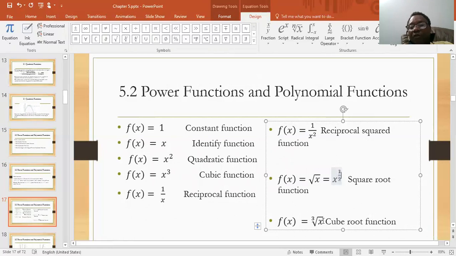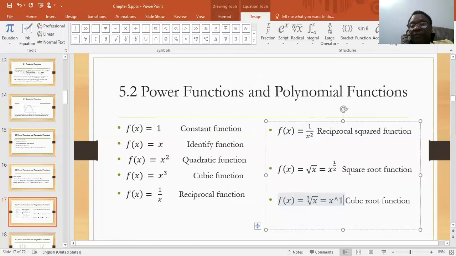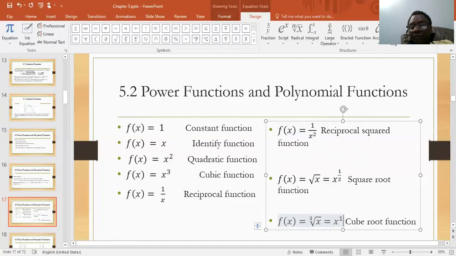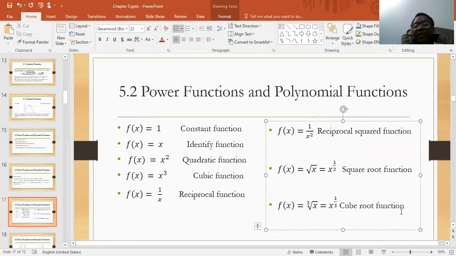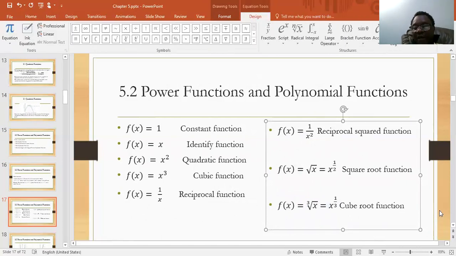So it's a power function. The cube root of x is also a power function. We can write it as x to the power 1 over 3, to make it actually look like a power of x. So these are examples of power functions.